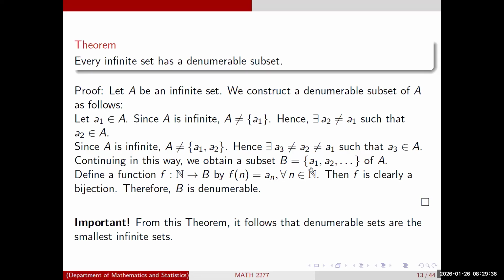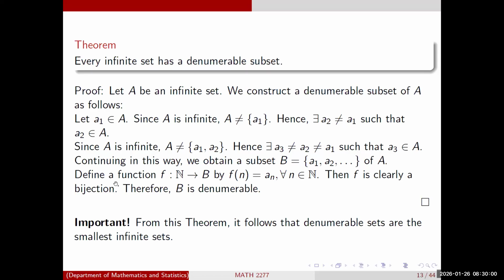Well, denumerable means there's a bijective function between the natural numbers and B, right? This bijective function is very easy. When you give me 1, I give you A1. When you give me 2, I give you A2. When you give me 3, I give you A3. When you give me n, I give you An.